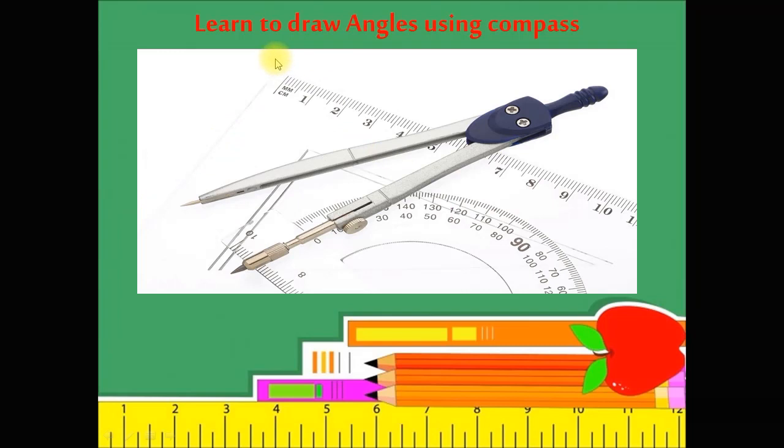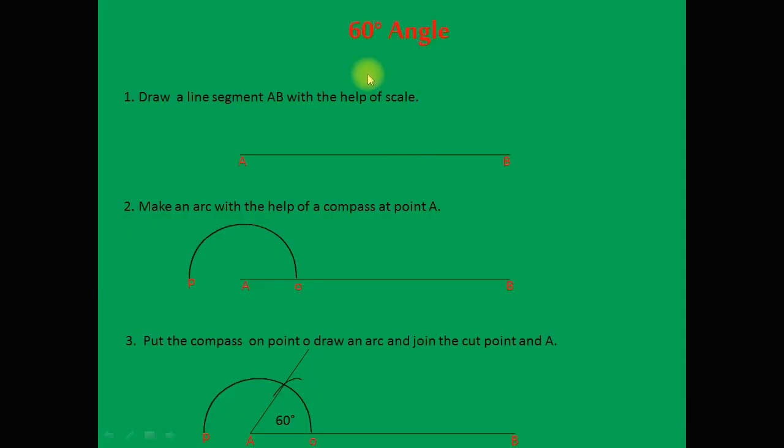Now to construct an angle, dear students, you will use these tools: a ruler, a compass, a protractor, a pencil, and an eraser. To start the construction of angles, first of all let's construct an angle of 60 degrees. First draw a line segment AB with the help of a scale.